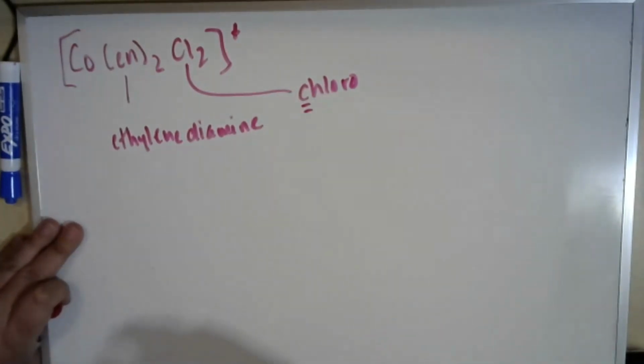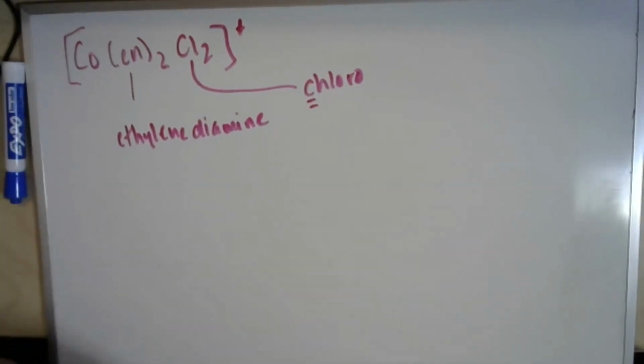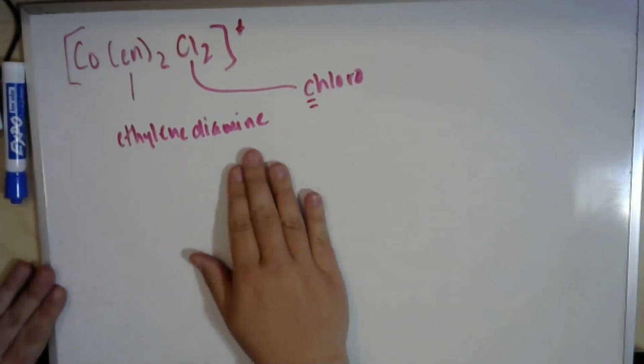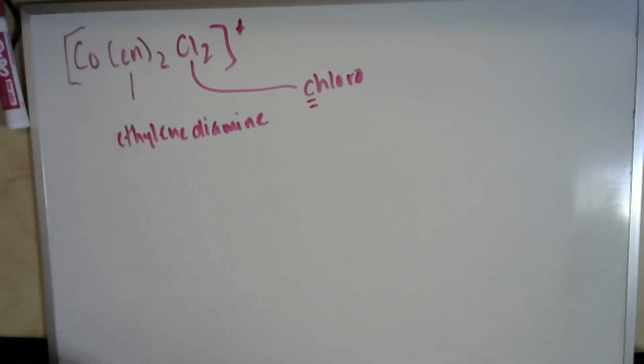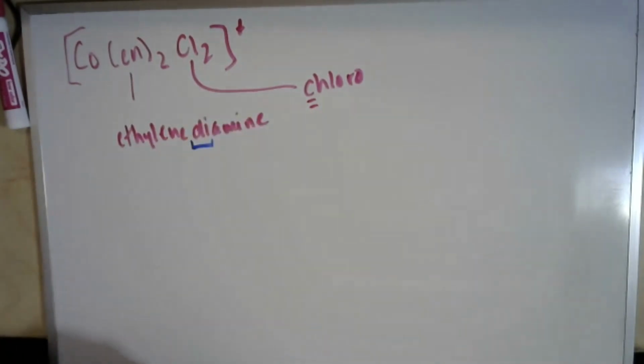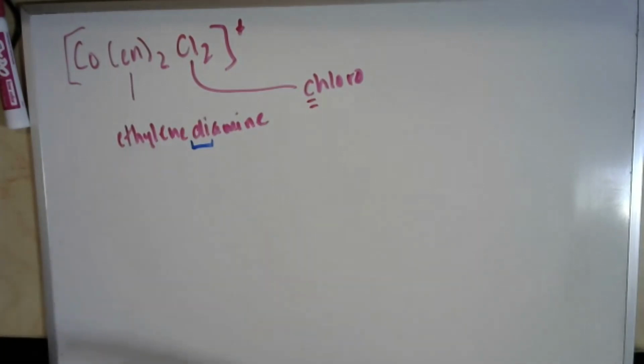I wanted to name this one because the other examples don't include the other types of prefixes that you need to use when you run into this specific situation, where within the name of one of your ligands there's a prefix. It only happens for ethylene diamine and ethylene diamine tetraacetate, the EDTA.